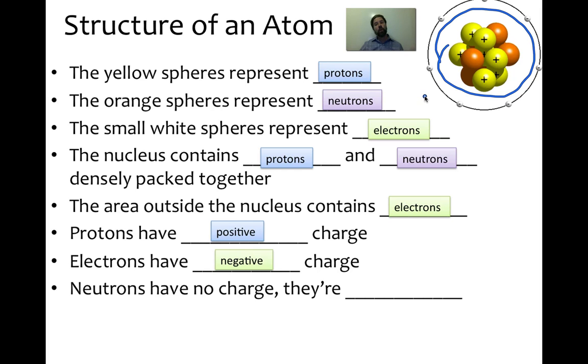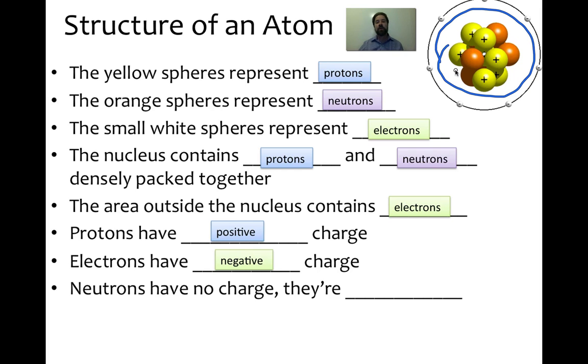Now, what we have to understand is that the nucleus itself is nowhere near this big. In fact, if I was to draw it in, I could probably use just a small little dot right in the center. That would be more realistic as to the size of the nucleus in relation to the electron field around it.